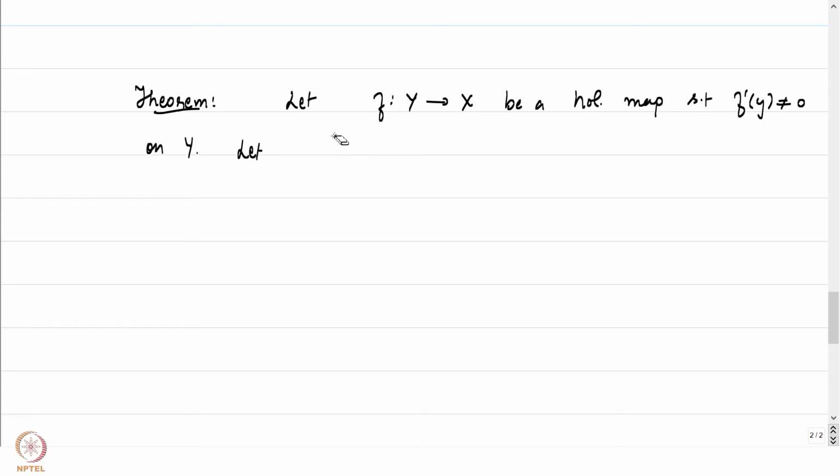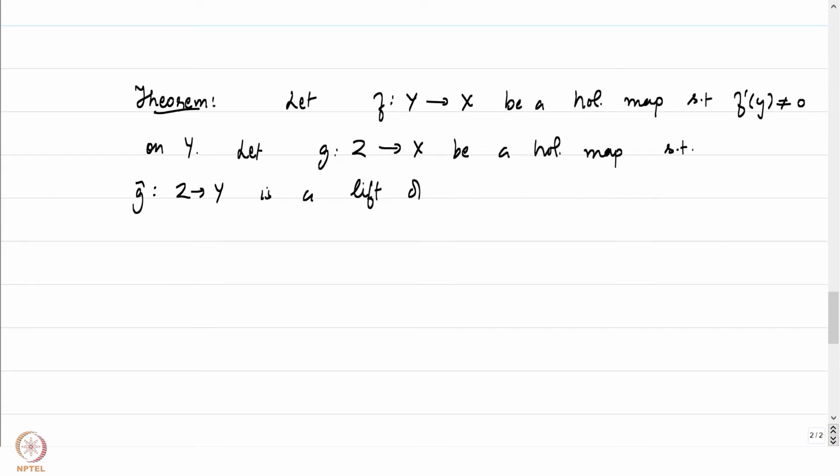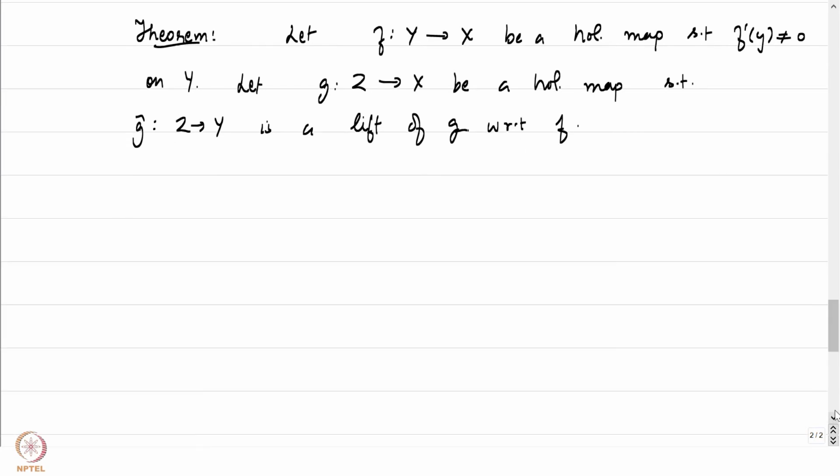Now let G from Z to X be a holomorphic map such that G tilde from Z to Y is a lift of G with respect to F. Remember that when we talk about a lift, we are only demanding that such a lift be continuous. The theorem tells us that G tilde is holomorphic. If you indeed have a lift, then it's necessarily going to be a holomorphic map.